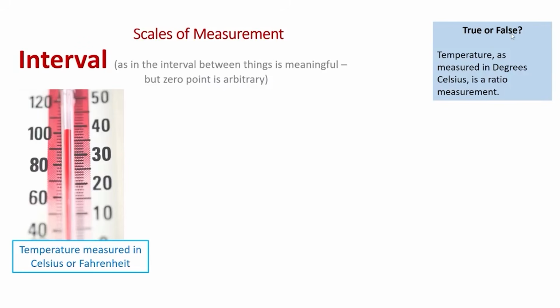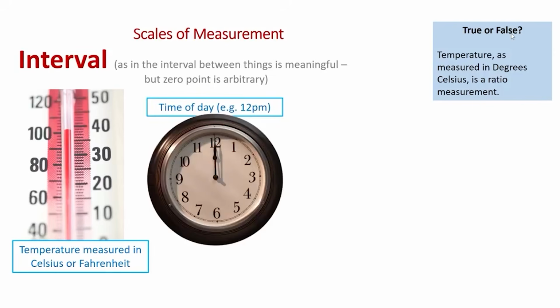In Celsius, for example, the 0 point is the melting point of water. That doesn't mean there's an absence of temperature. It's just been arbitrarily chosen as a convenient marker, something easy to measure. If the temperature is 0 degrees Celsius, it doesn't mean we have a complete absence of temperature. So we can't say, for example, that 80 degrees Celsius is twice as hot as 40 degrees Celsius. That doesn't actually mean anything.